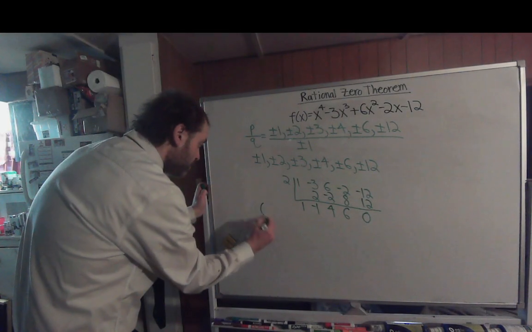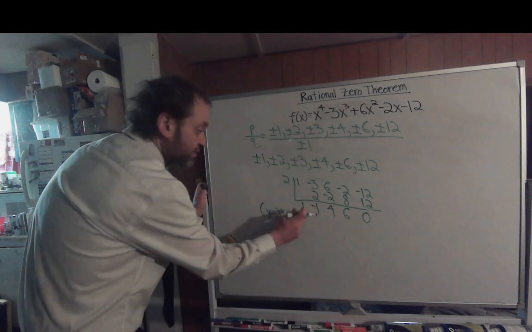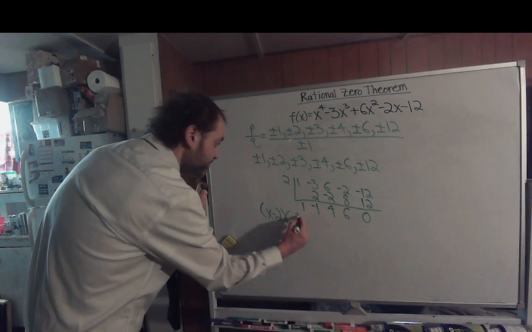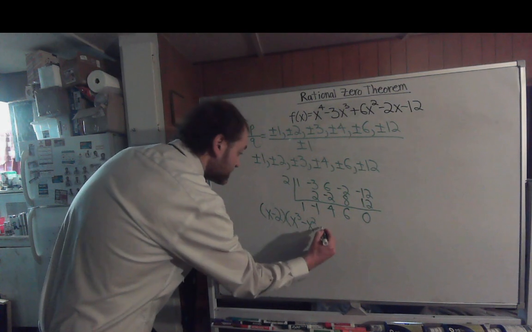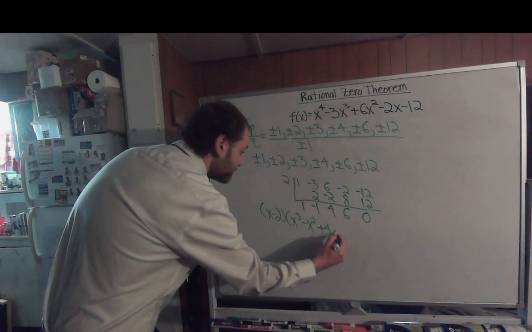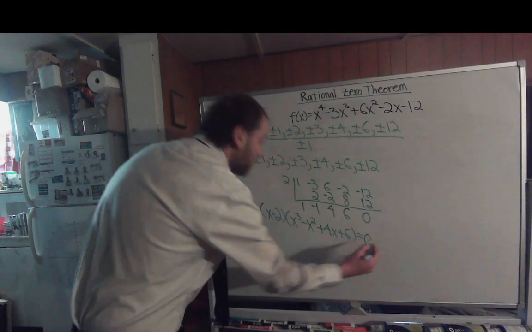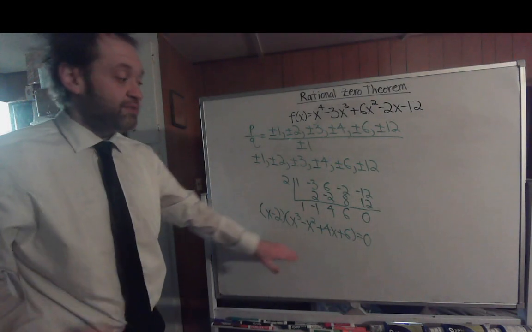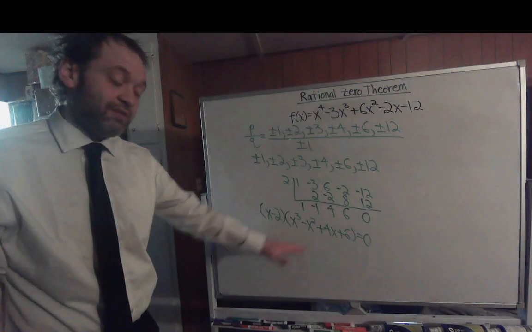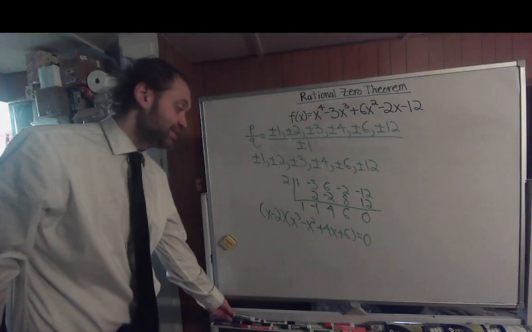So now we have that x minus 2 times the quantity of x to the third minus x squared plus 4x plus 6 is equal to 0. Well, we have a linear factor, but then we have a cubic factor that also can't factor. So the bad news is we got to repeat the process.